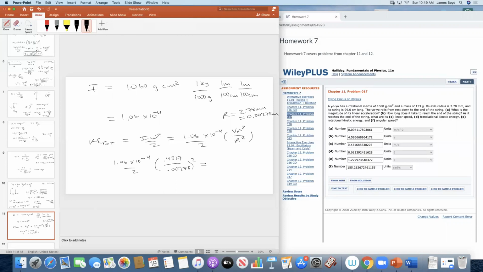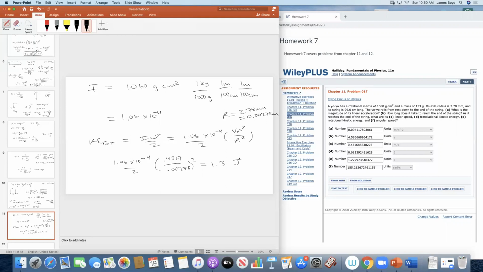So 1.06 times 0.5 times 0.4317 times 0.4317 divided by 0.00278 times 0.00278. And then multiplying that by 10 to the minus 4, I get 1.3, which is what they got here, 1.3 joules, okay?